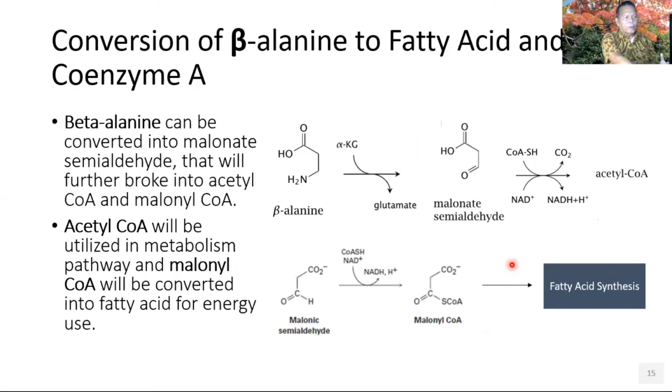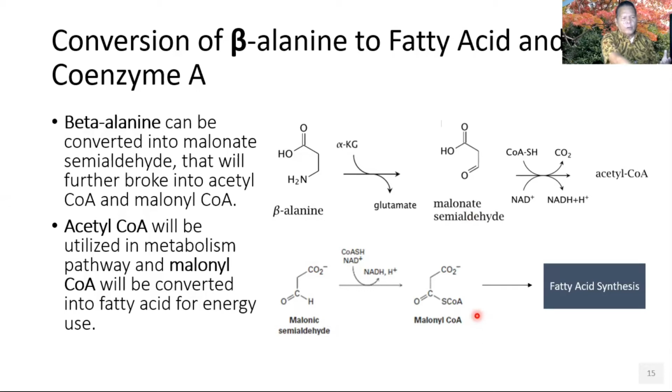Let's see this reaction. This is beta-alanine, and this one is malonic semialdehyde. Beta-alanine will be converted into malonate semialdehyde, and this malonate semialdehyde will be converted into acetyl coenzyme A. This one will be converted to malonyl-CoA, and this malonyl-CoA will be used for fatty acid synthesis.